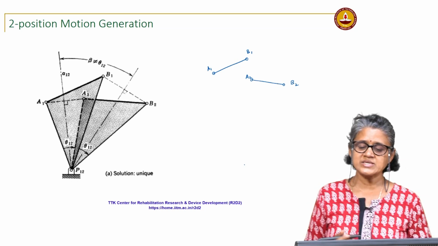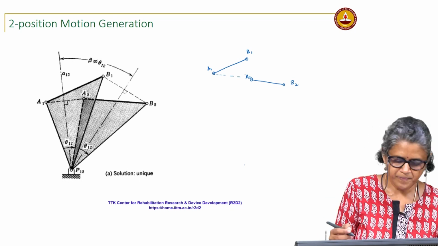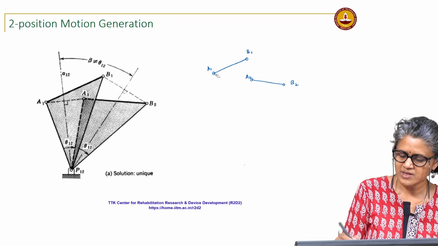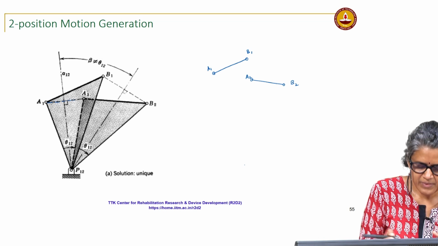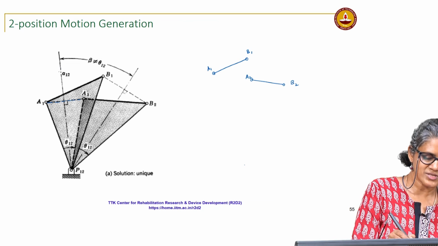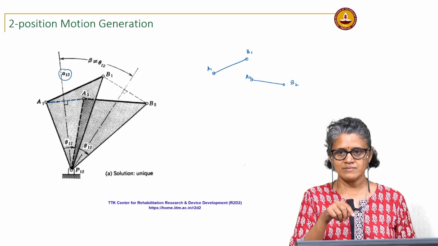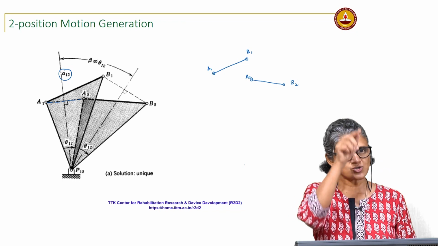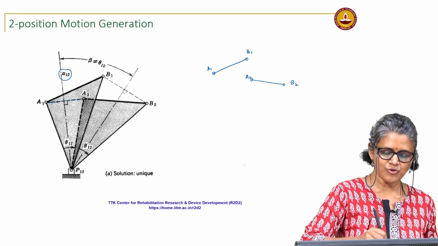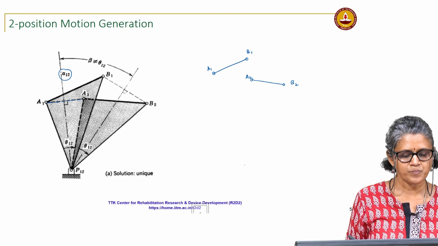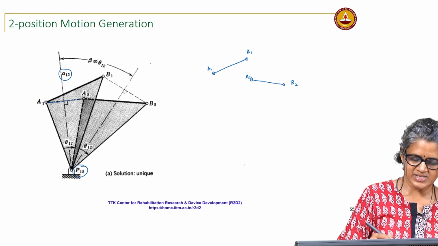So, in this case, if I look at A1 to A2, I draw the perpendicular bisector. This is the perpendicular bisector of A1 A2. I know that if I pick a point on that, it is going to be equidistant from A1 and A2. Similarly, I do that for B1 and B2, and the point where these 2 perpendicular bisectors intersect.